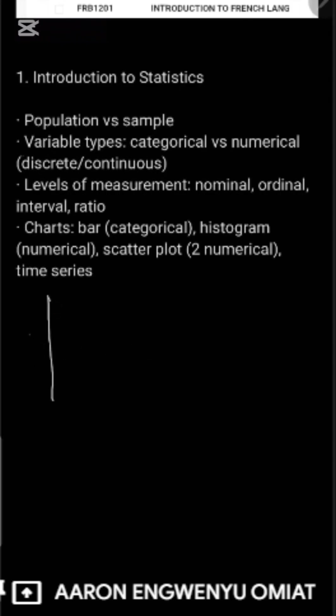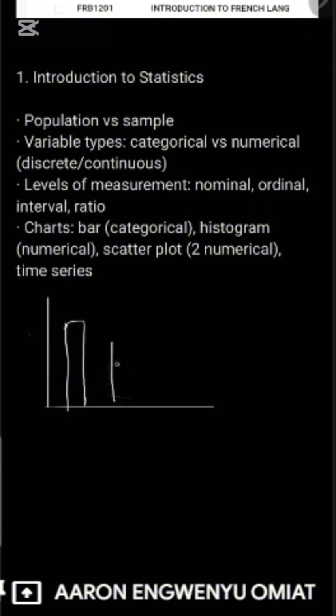Let me draw it more clearly. So let's say we want to plot MP seats. So let's say this is NRM having the highest, followed by NUP, then independent. Then the rest take this other percentage. This is a bar chart.